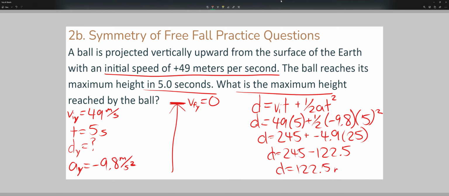Doing the math here, your max height that this object reached is 122.5 meters.